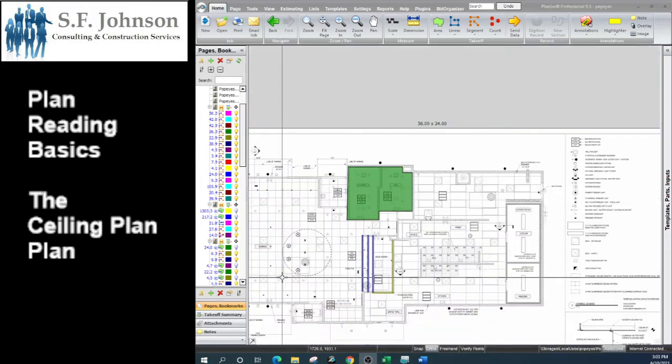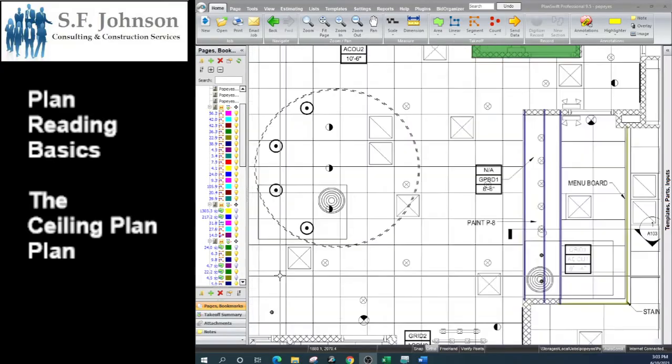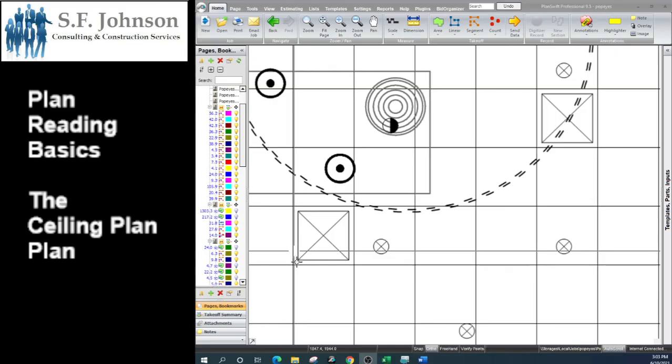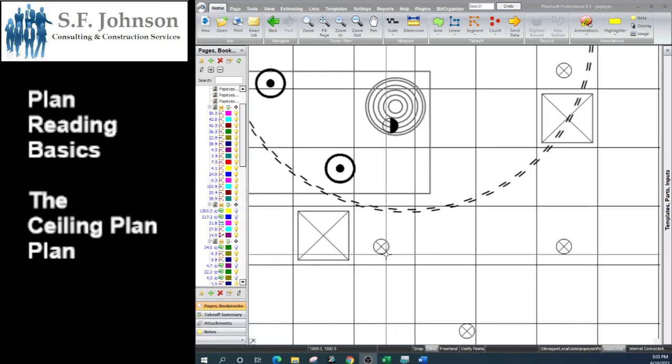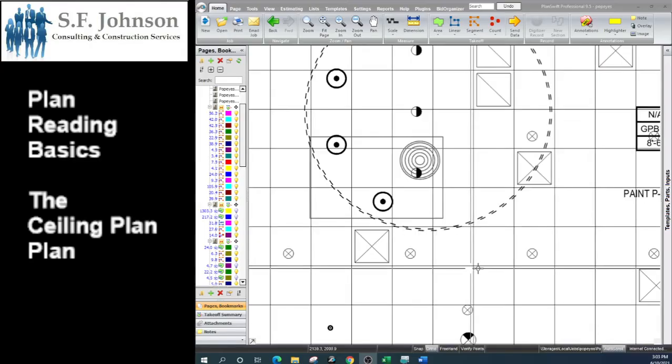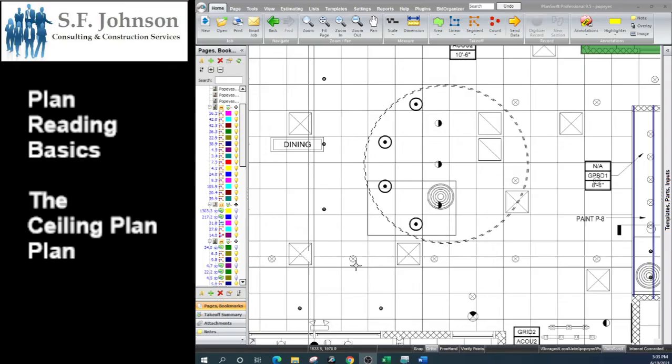And so on the ceiling plan, we're going to see everything that's going to go in the ceiling. Not only the ceiling finishes, but we're also going to see all of the HVAC supply grills represented by the X, all of the lighting fixtures and where they're located, because the ceiling finish person needs to know, okay, we'll have 10, 12, 15 less 2x2 tiles, because why?